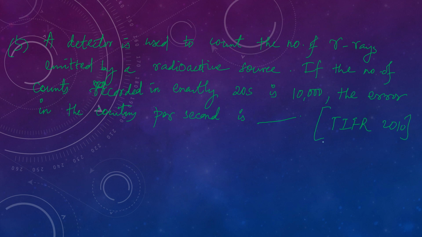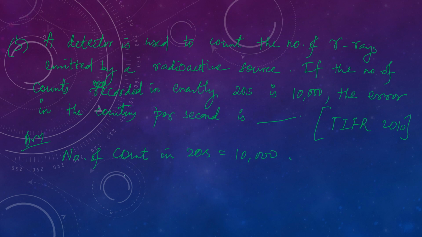A detector is used to count the number of gamma rays emitted by a radioactive source. If the number of counts recorded in exactly 20 seconds is 10,000, the error in the counting per second is how much? So the number of counts in 20 seconds is 10,000, right?